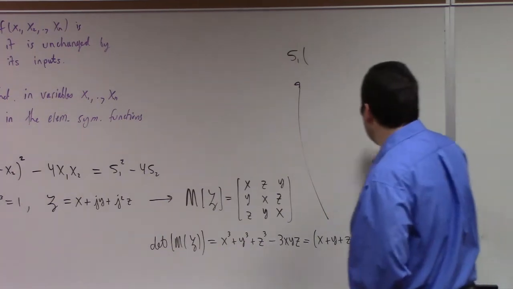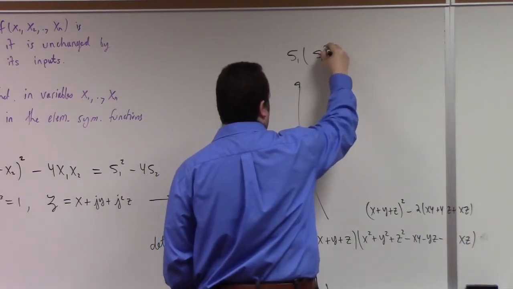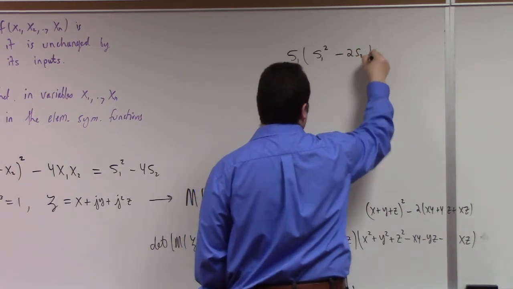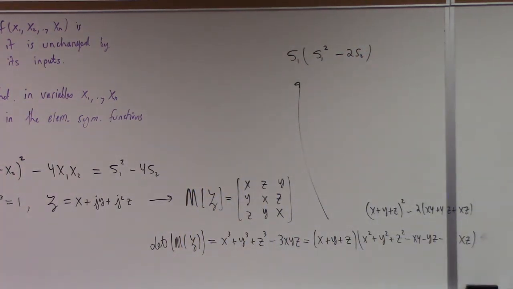So this is actually s1 squared minus 2s2. Oh, so I need a 3s2 there?